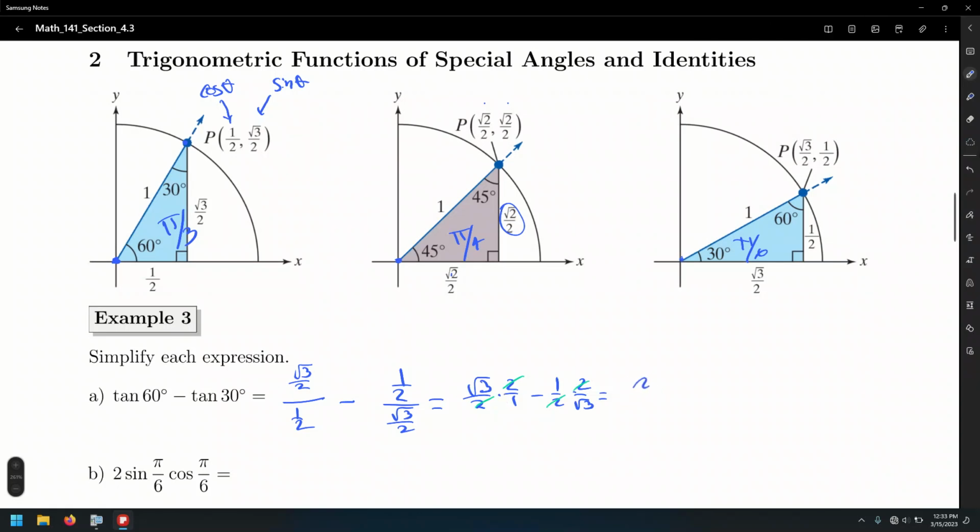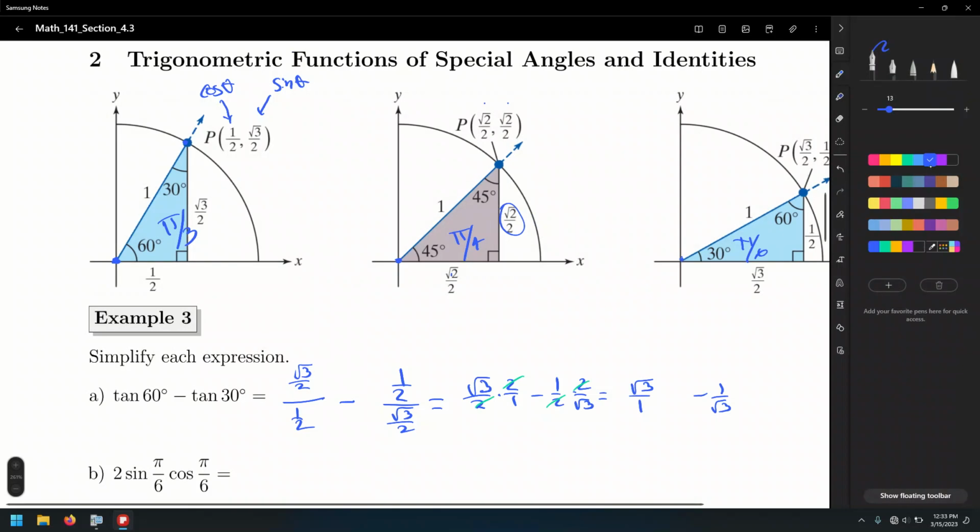That's going to leave us with the following. I'm going to write down this root of 3 over 1, and I'm going to leave a space. You'll see why. That's because we have a couple of fractions with different denominators. So we need to find a least common denominator, that is, multiply the first fraction by missing factors so that we get the same denominator.